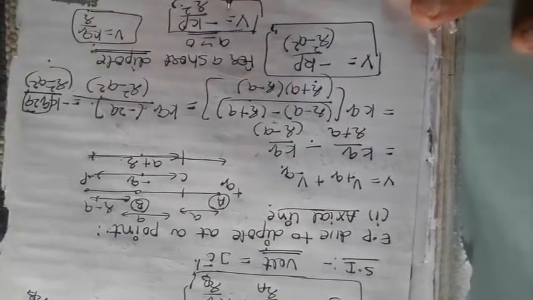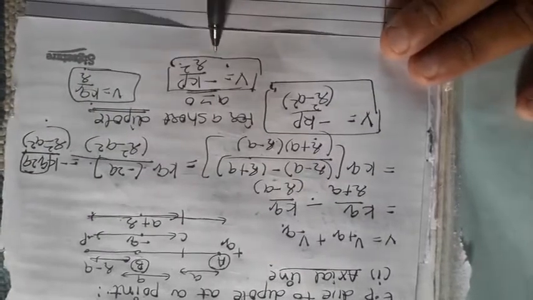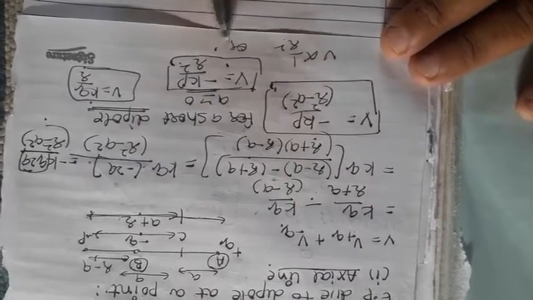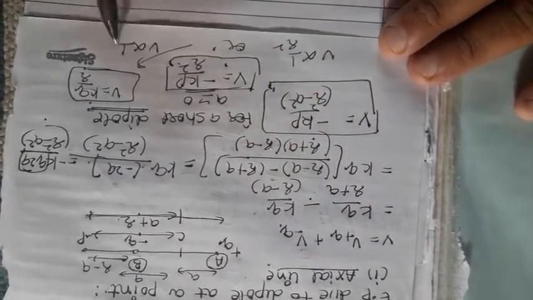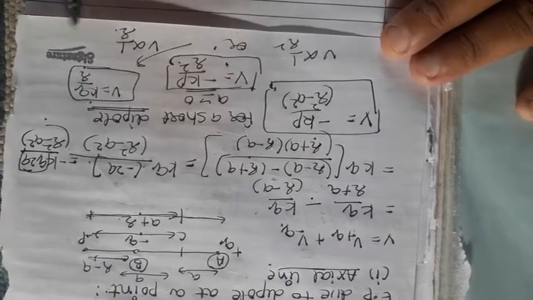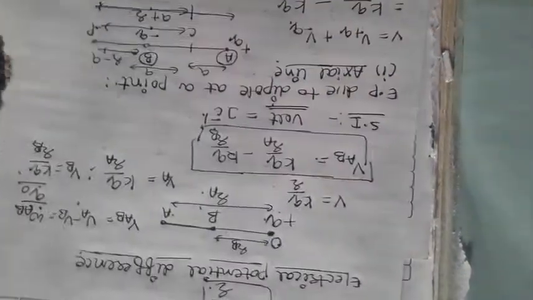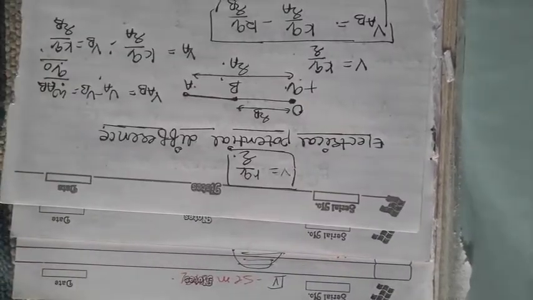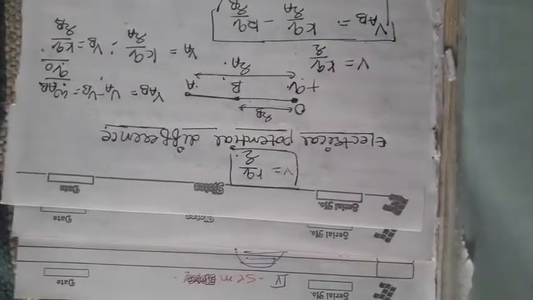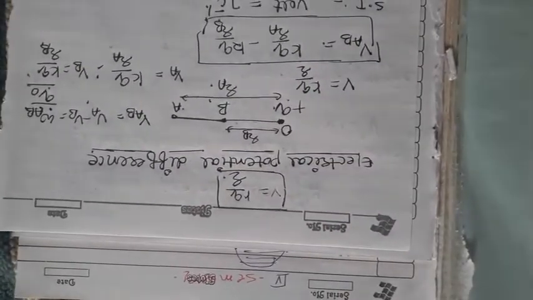But for a dipole at a far point, the potential is inversely proportional to R square, whereas for a point charge it is inversely proportional to R. Is it clear? So this is the case when I find the potential due to a dipole at a point lying on its axial line.